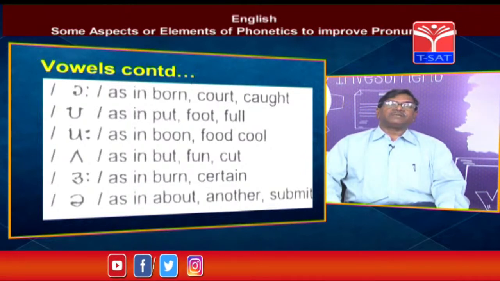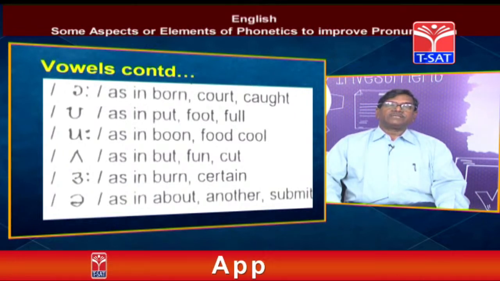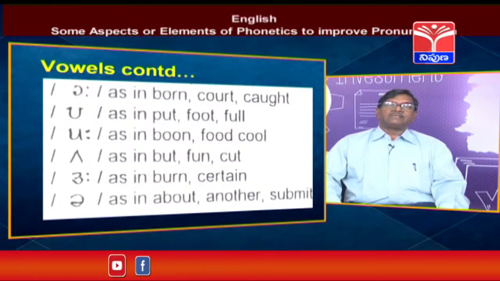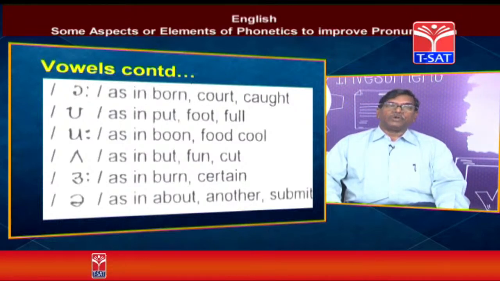That is the symbol you can see between the two slanted lines: inverted C followed by two dots. Wherever we have those two dots after the symbol, it signifies that the sound is elongated. It is elongated sound O.